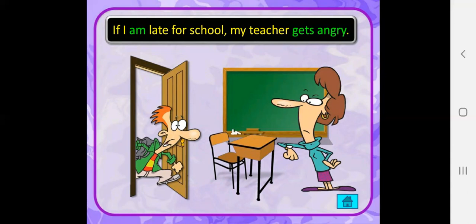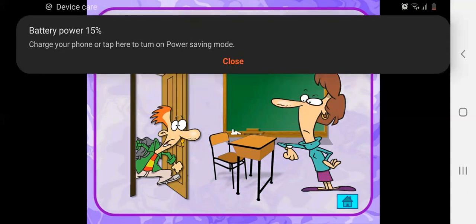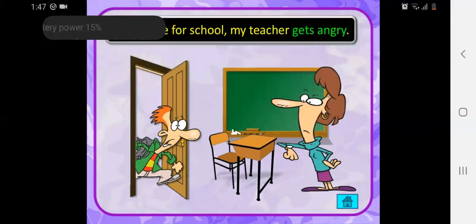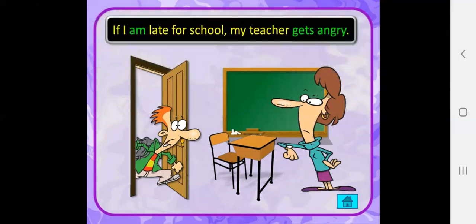These are zero conditional sentences in which we talk about the facts, the obvious things, and we talk about things which are conditional to each other.